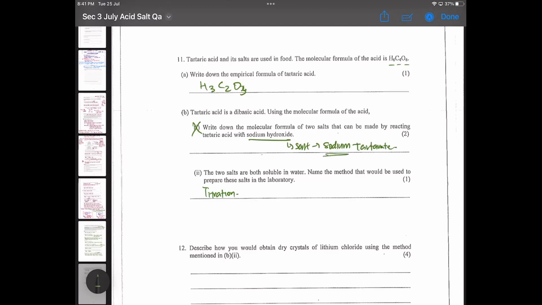And because it's a sodium salt, a group 1 salt, we would use titration. Okay, if this is all right, we'll look at number 12. This is lithium chloride, also a group 1 salt. So using the method in B part 2, the question wants us to talk about titration.